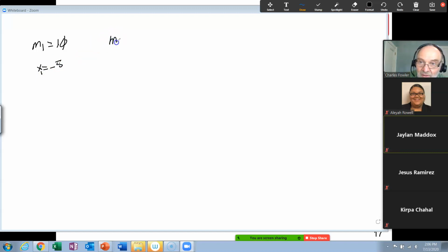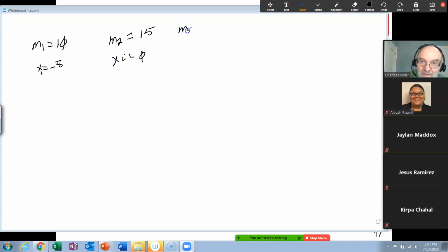M2 is equal to 15 without knowing units, and its x sub 2 is equal to 0. It's on the origin.